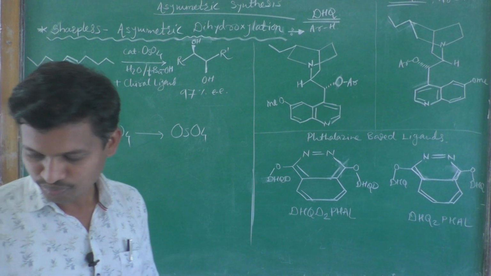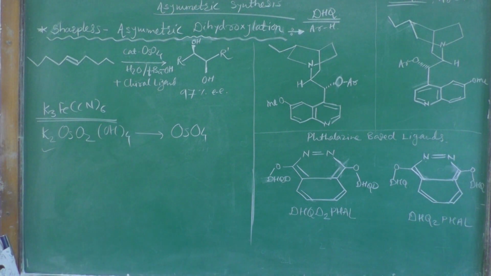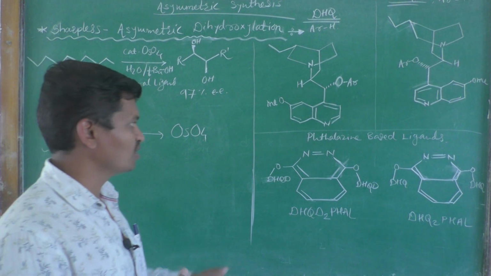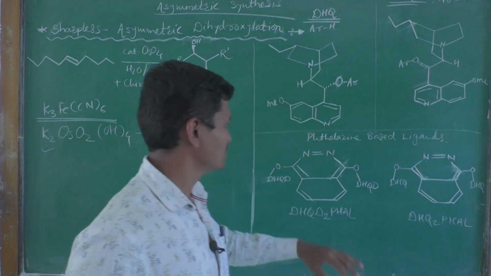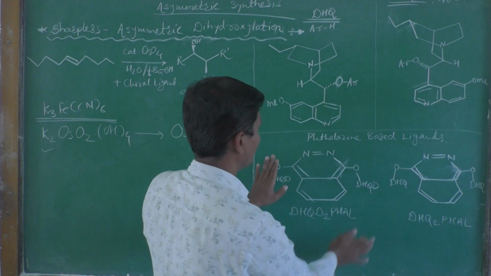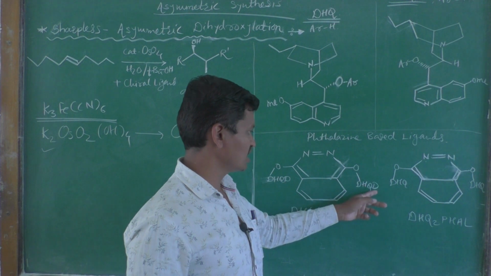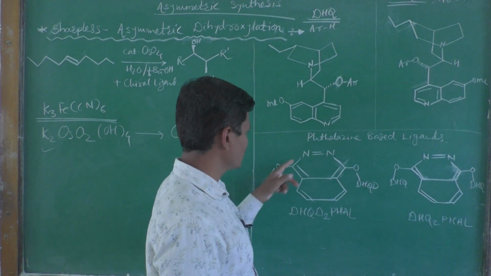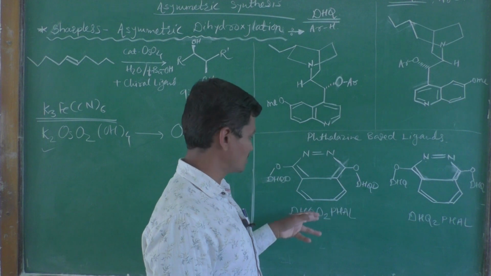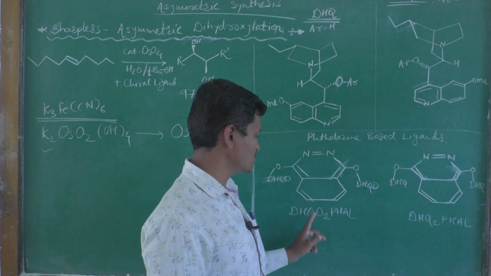Okay, now these DHQ and DHQD get attached, or they can couple, with these phthalate based ligands. So these are the structures of phthalate. And when two molecules of this DHQD get attached to this phthalate, then the resulting structure is called DHQD2 phthal.